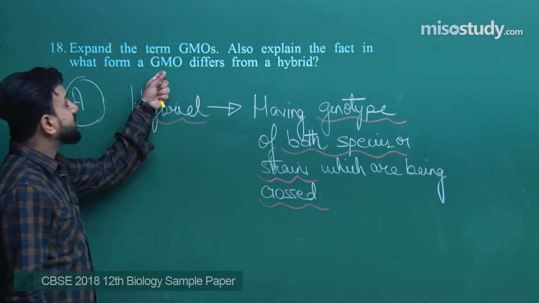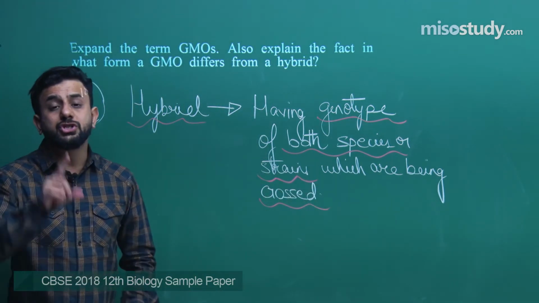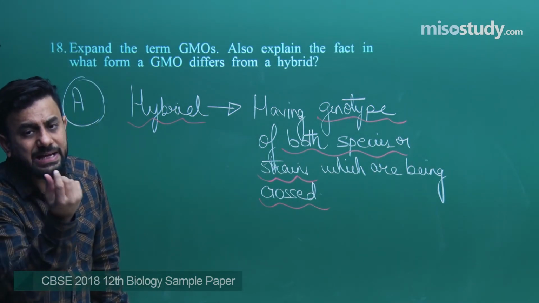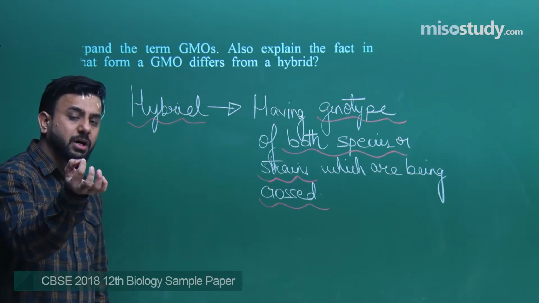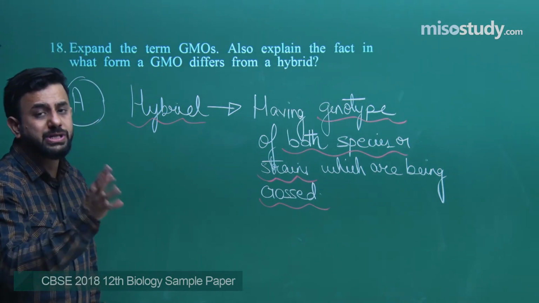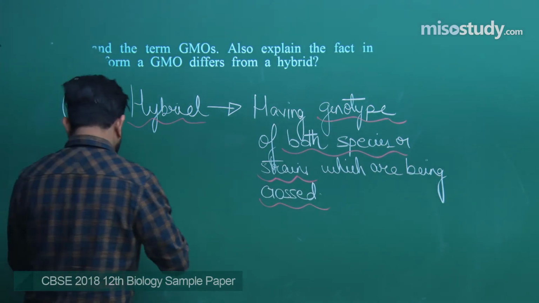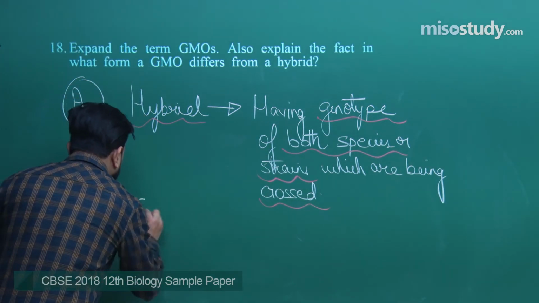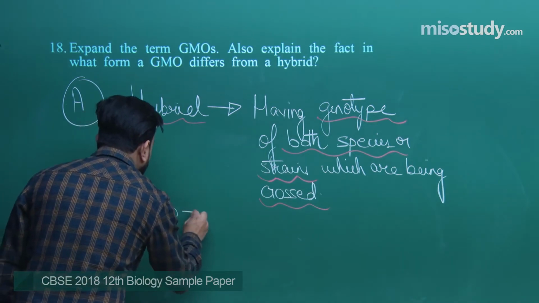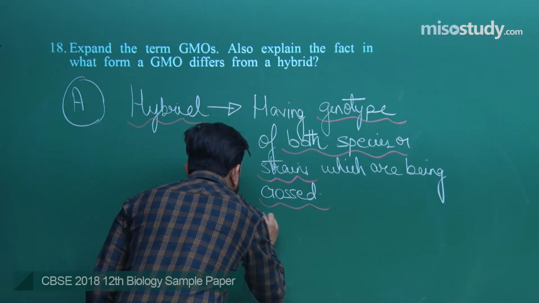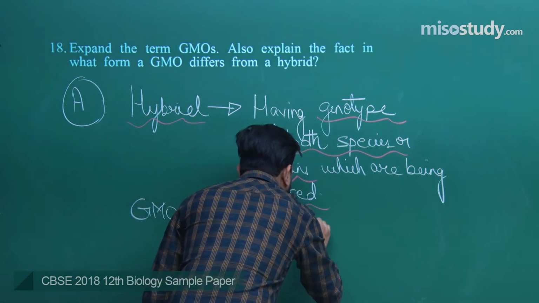But what is a genetically modified organism? A genetically modified organism will have its own genotype which is slightly differed. And why differed? Because a new DNA or a new gene has been incorporated. There is no cross happening here. In a GMO, that is genetically modified organism, no cross is happening.